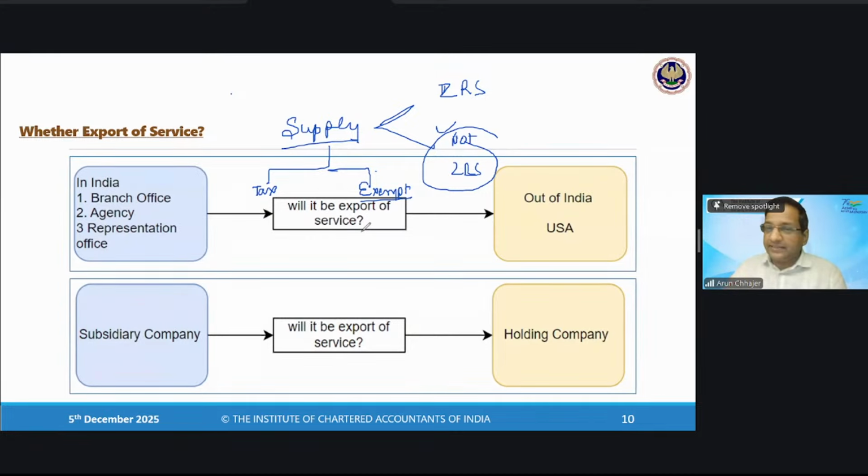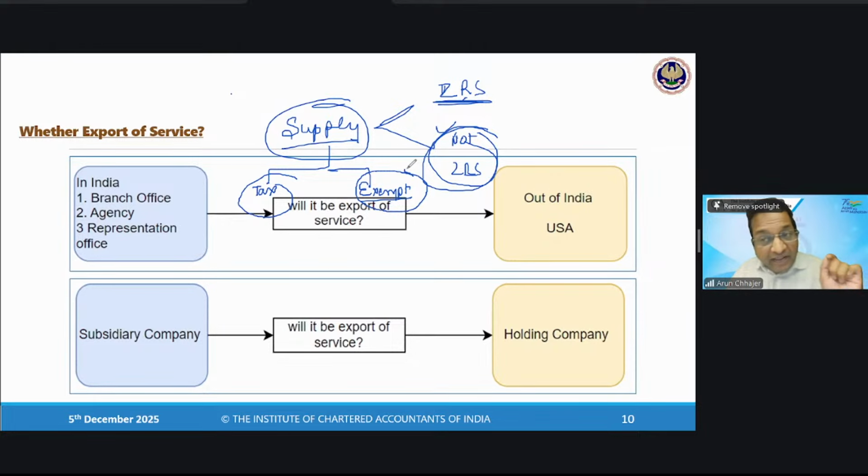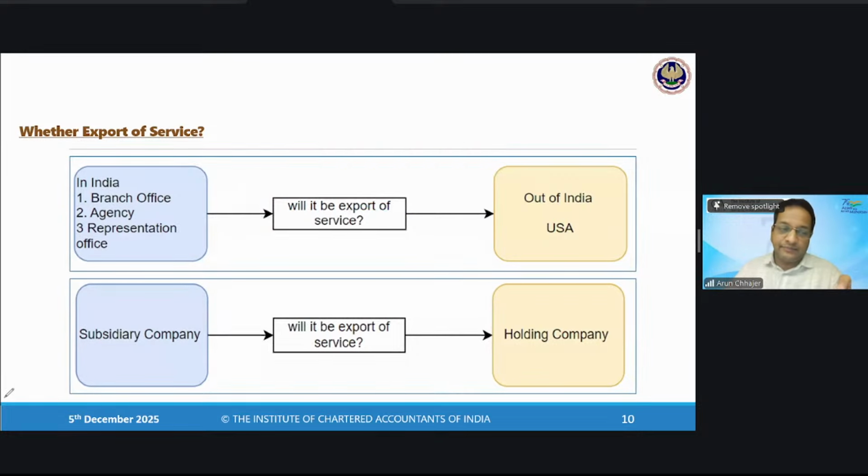The answer is no. So Ayush, what I mean to say is, it is a supply, but it is not zero rated. So you cannot take the benefit of refund, you cannot take the benefit of LUT, etc. Now, do you need to pay the tax? It depends. We need to see the exemption notification. If any exemption is associated with this transaction, then the answer would be no, I am not required to pay the tax.